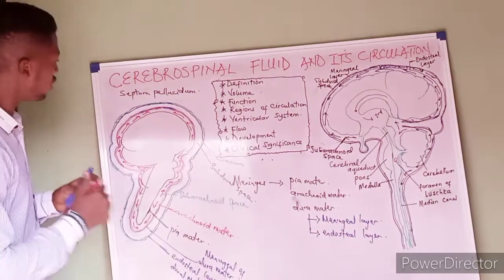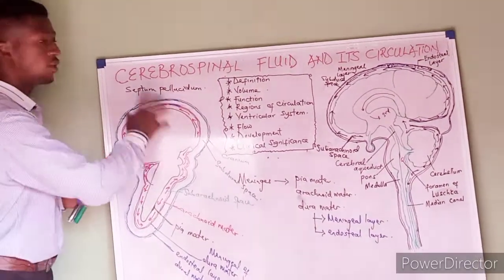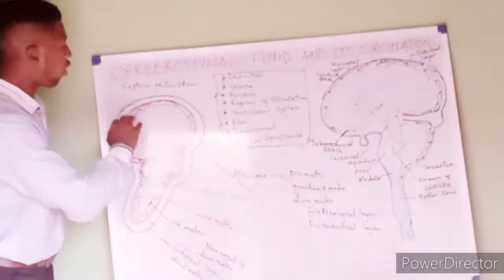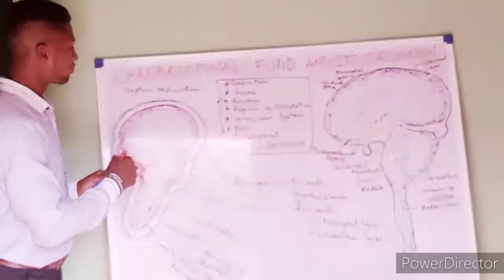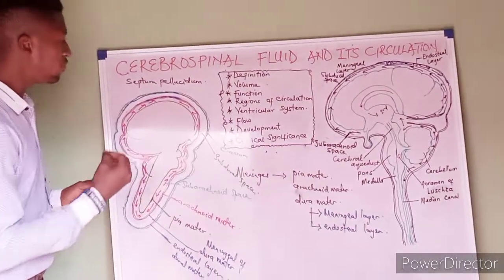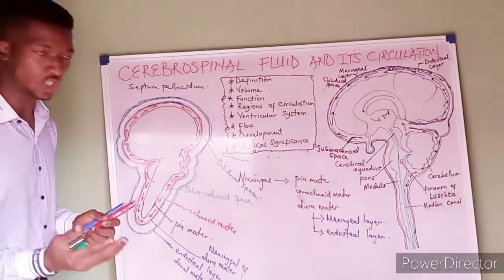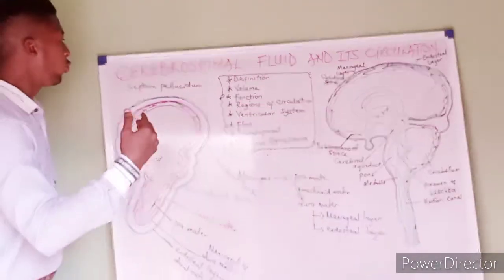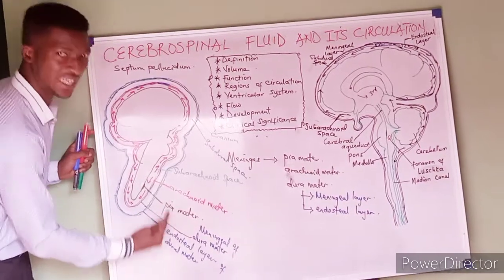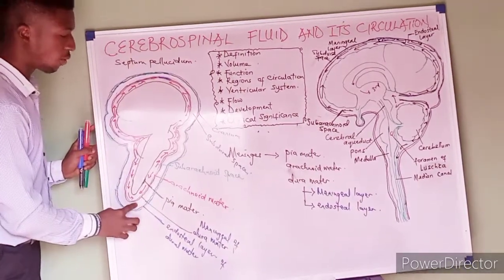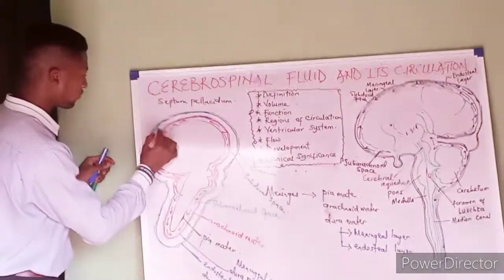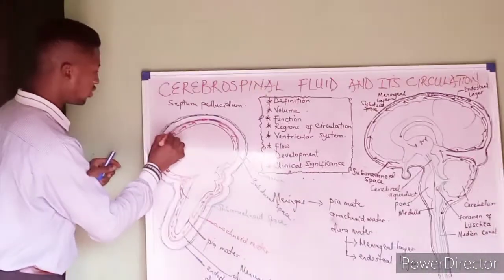In a particular region, mostly in the upper part of the brain, we have the layer of arachnoid mater make projections upward, which pierce the meningeal layer into the subdural space. So now we can have a projection from this region.